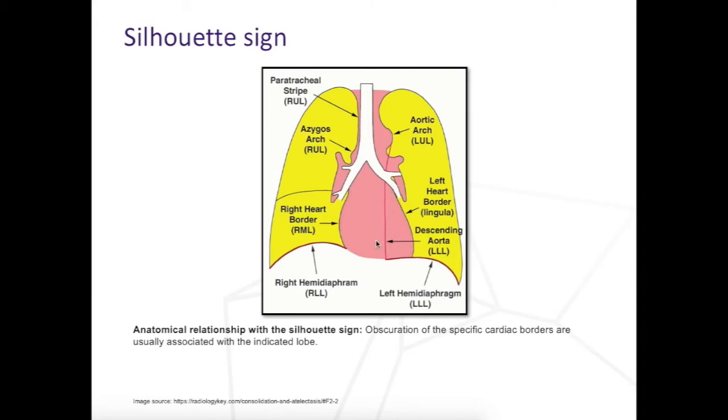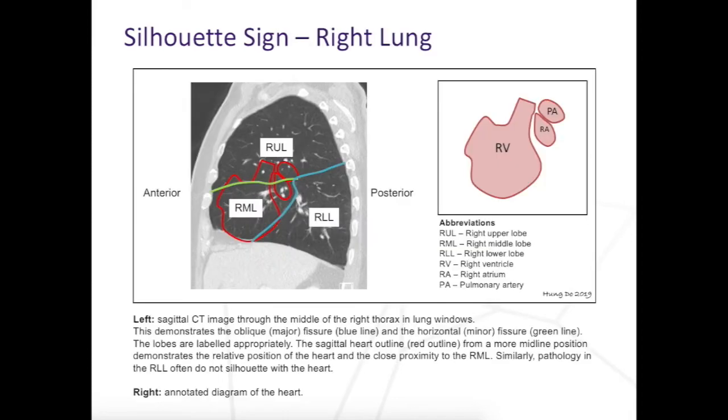So you can imagine that getting pulled that way, and there'll be some actual examples very shortly. Just be mindful of this when you look at the pathology. Knowing where the pathology silhouettes with the cardiac border will help you identify its actual location and to be a bit more knowledgeable as well.